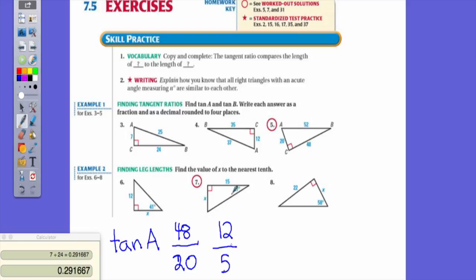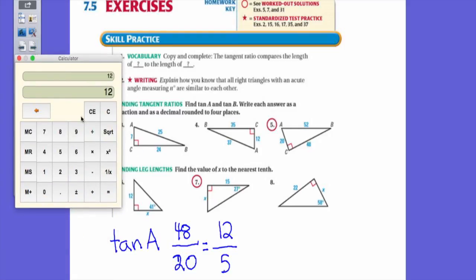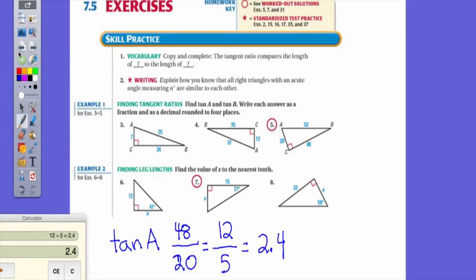Now, if I just ask for it as a decimal, you don't have to simplify it. But if I ask for something as a fraction, fraction always means in simplest form. So you need to have 12 over 5. Now, if I want the decimal, 12 divided by 5 is 2.4. In this case, you don't need to put 2.4000. Do we understand that one?